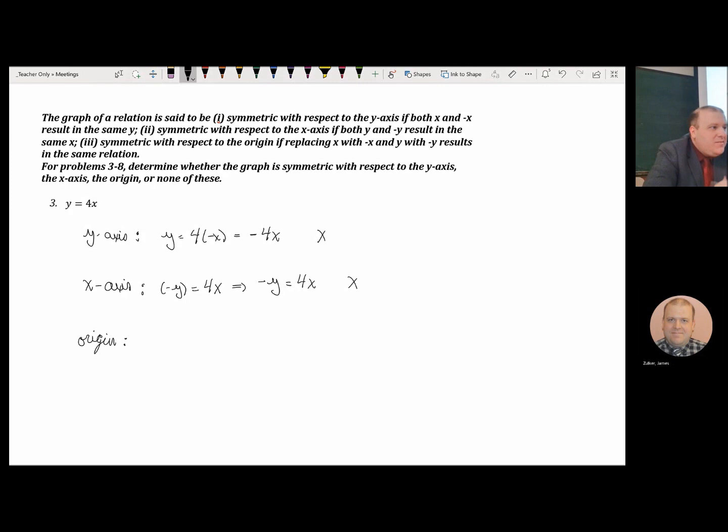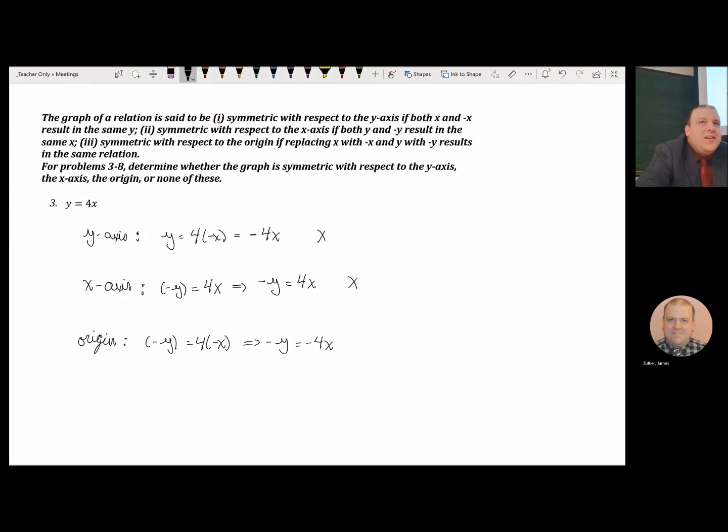The origin. Replace y with negative y, replace x with negative x. You'll wind up with negative y equals negative 4x.